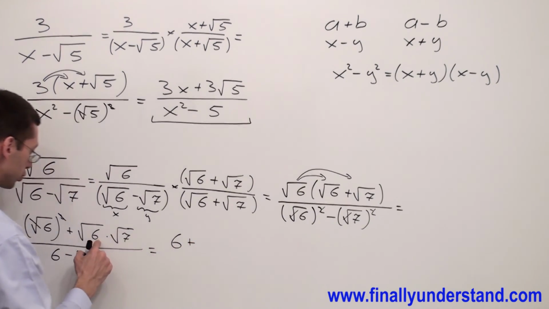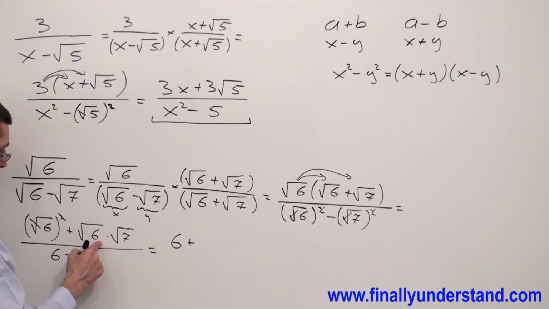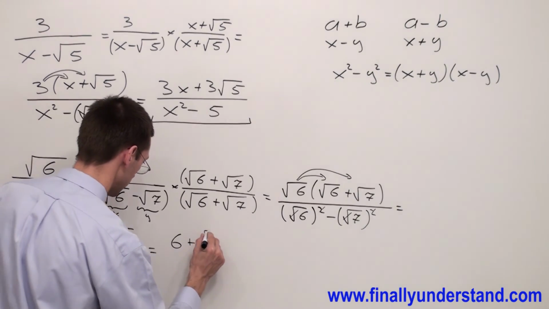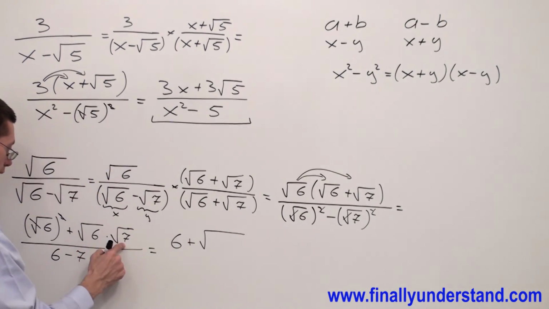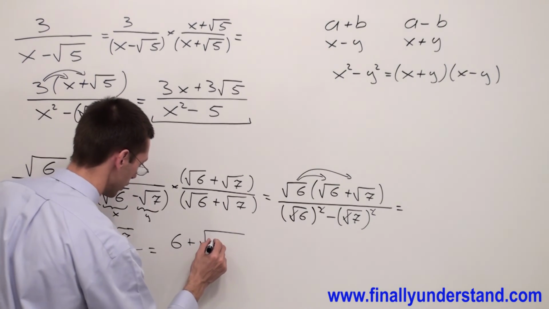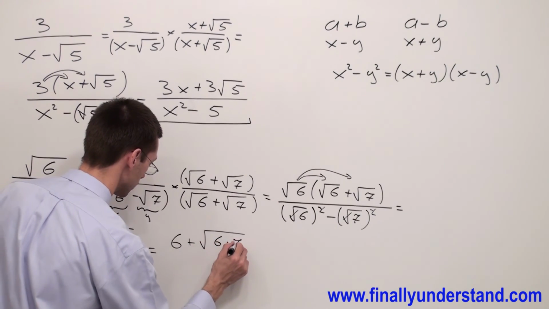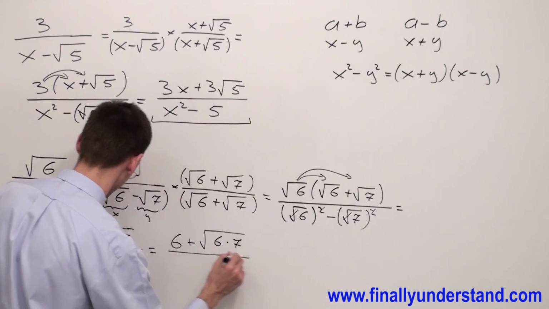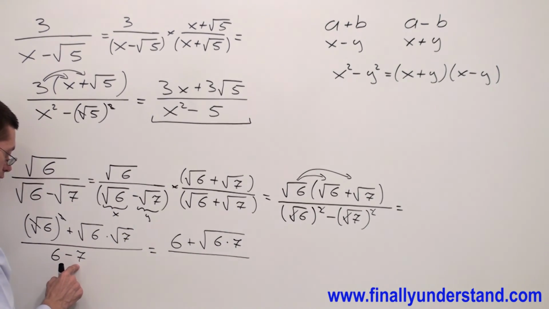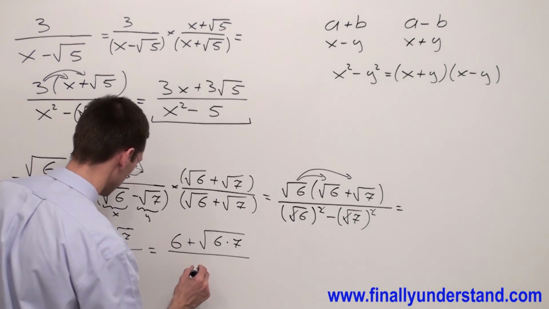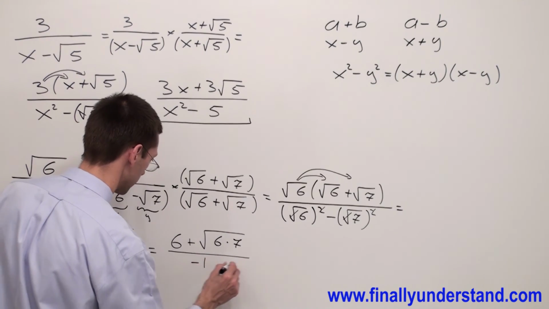plus. Now I'm going to use the properties of radicals, and I'm going to write these two numbers under one square root, 6 times 7, over 6 minus 7, which is equal to negative 1.